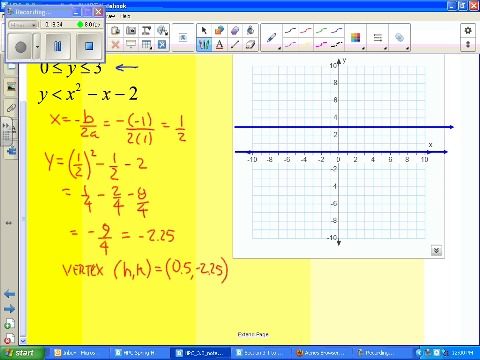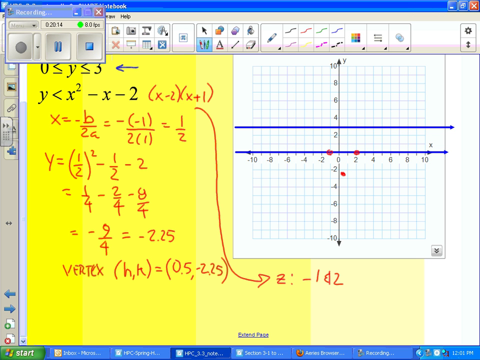Because I have a factorable, x minus 2 and x plus 1, I also know my x-intercepts, or my zeros. They're going to occur at negative 1 and 2. So positive 1/2, negative 2 1/4, right about there. Looks good. And then negative 1 and 2, crossing at negative 1, crossing at 2.